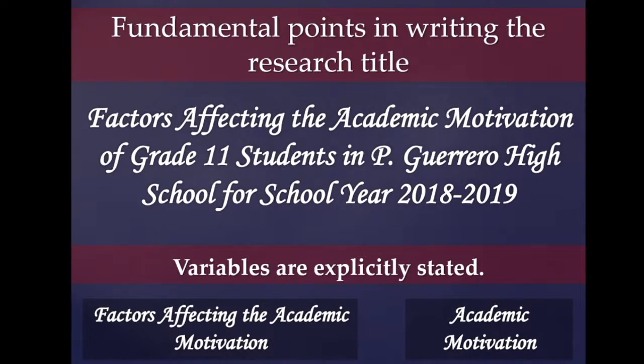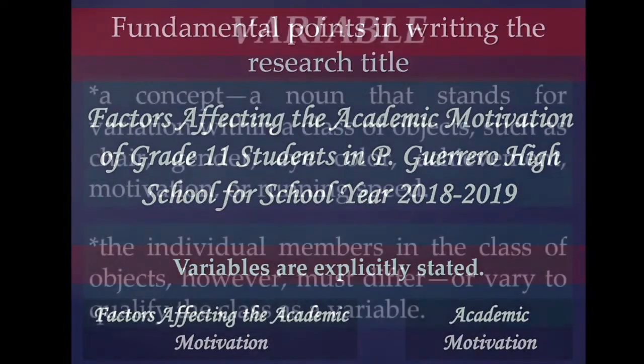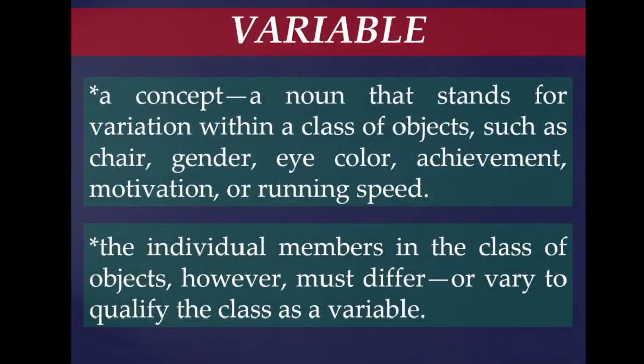Reading the title, you would see already that the research will only revolve around two variables, which are factors affecting the academic motivation and academic motivation. For you to understand what we mean by variables, let us read the definition of variables.